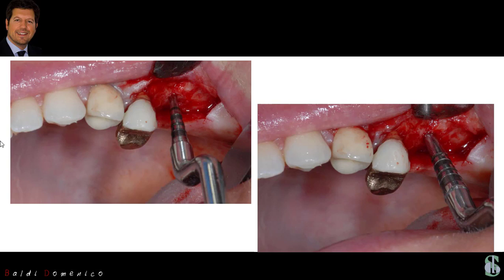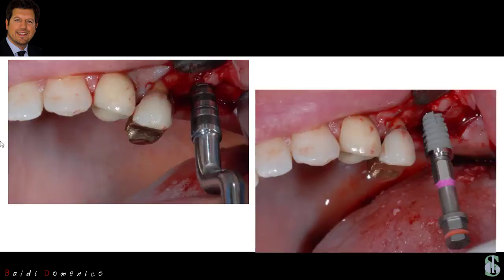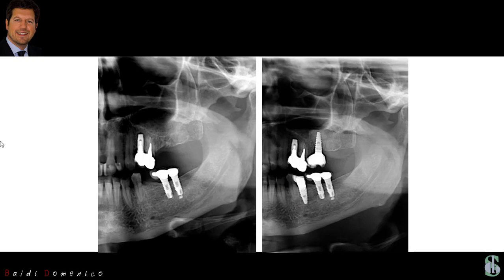Then we use the 200, and then we use the 300, and then we use some other instrument in order to enlarge again the bone of the upper jaw, in order to have more quantity of bone around the implant, and we make the crack of the internal cortical bone, and we move in the sinus just a little block of the bone. And you can see this procedure with X-ray, where we make a comparison with X-ray at the beginning and at the end of our work.